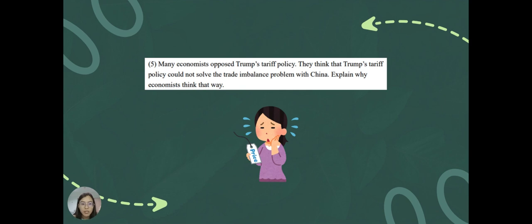This appreciation offsets the initial impact of the trade restriction on net exports. So actually, a better solution might be fostering international cooperation to create a more balanced and fair trade environment instead of those restrictive trade policies.